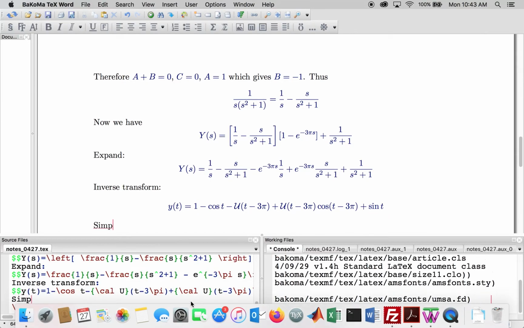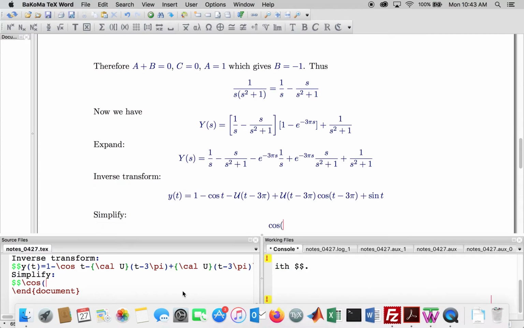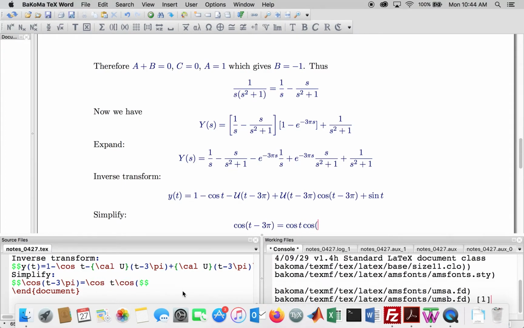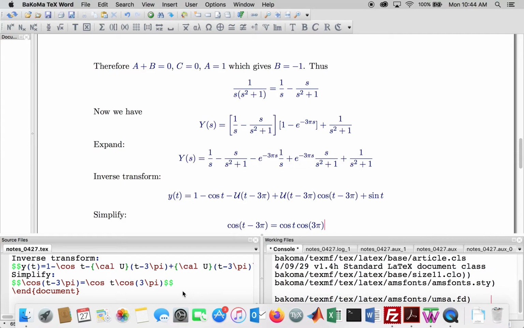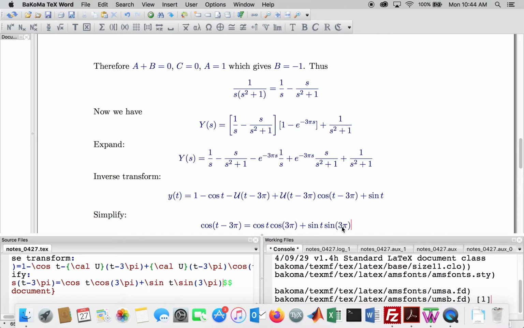So now everything is inverse transformed. We could stop here. One thing that could be done to simplify is that cosine of t minus 3 pi, by trig identity for a cosine of a difference, is cosine t cosine 3 pi plus sine t sine 3 pi. Well, sine of 3 pi is 0. Cosine of 3 pi is the same as cosine of pi by periodicity.